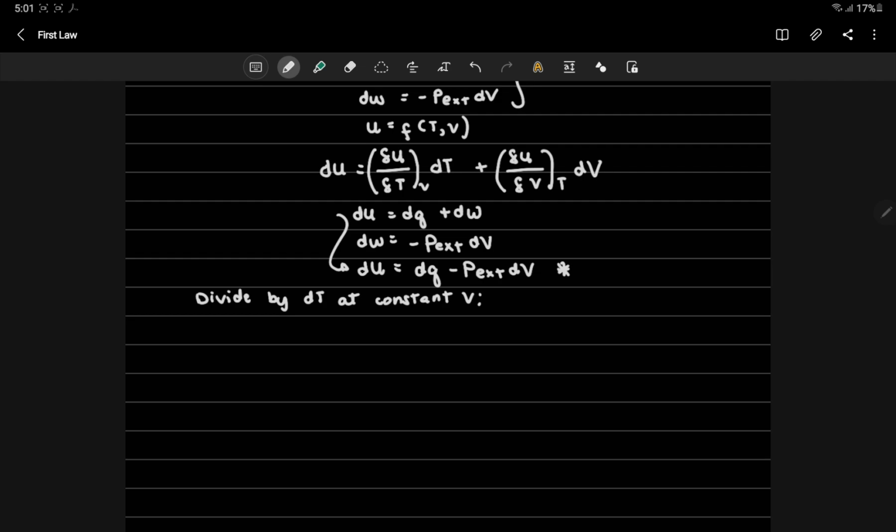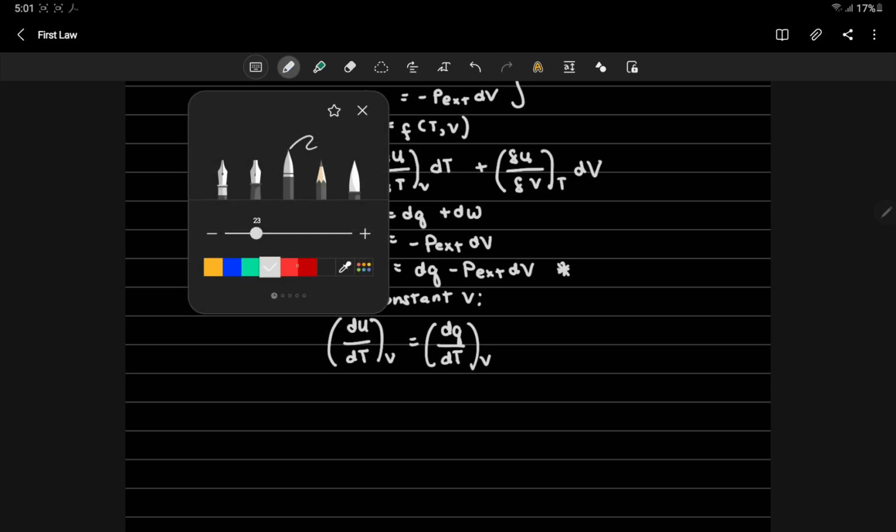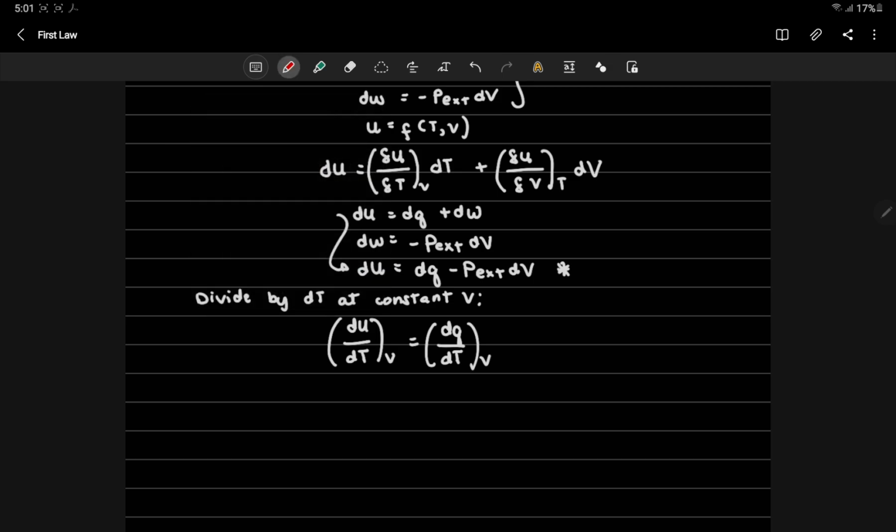So dU divided by dT daw. So magiging ano siya? dU/dT at constant V daw, equals yung dQ, yung next kong i-divide by dT. Again, that happens at constant V. And since constant volume nga tayo, mawawala ang expression na ito. So yan na yung resulta.